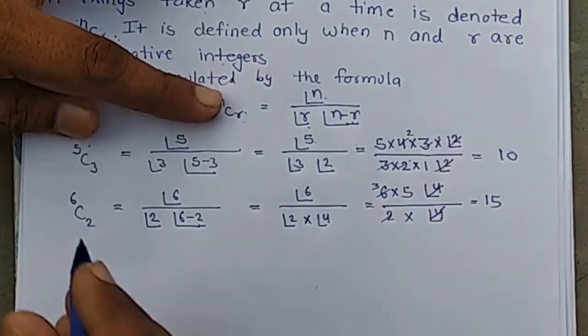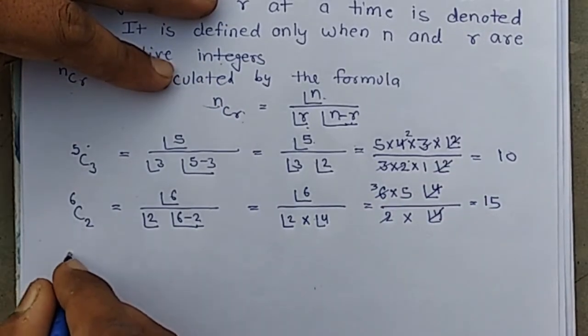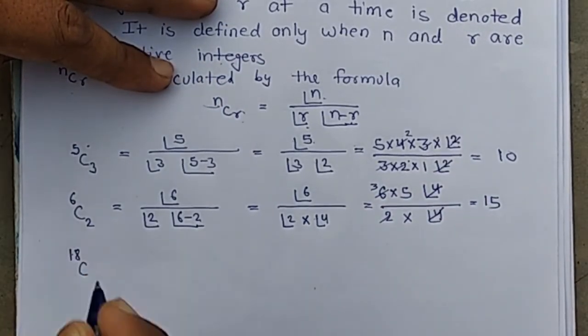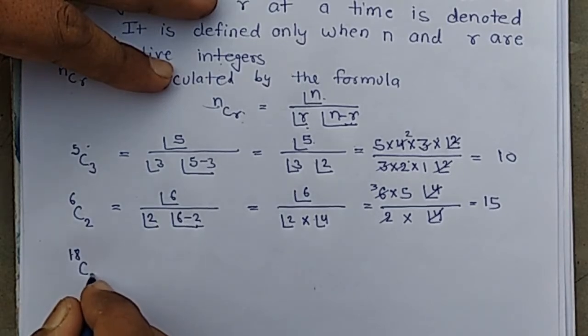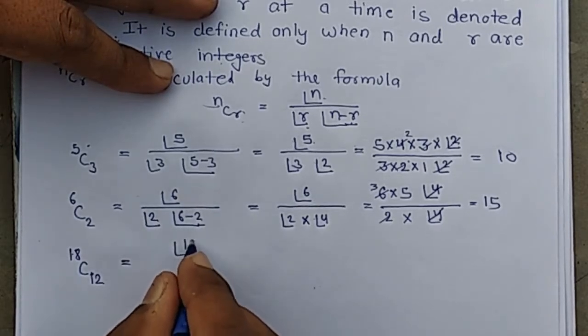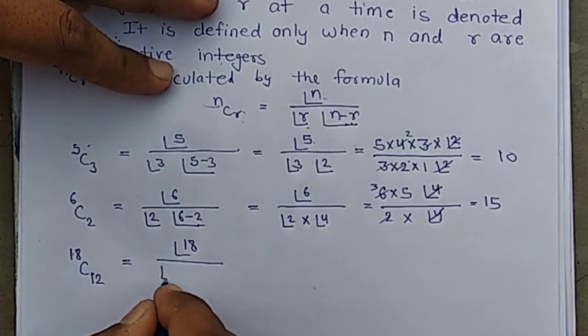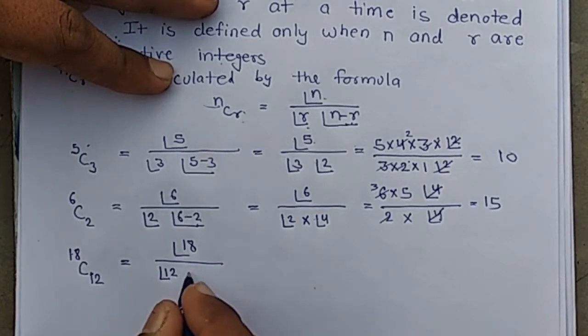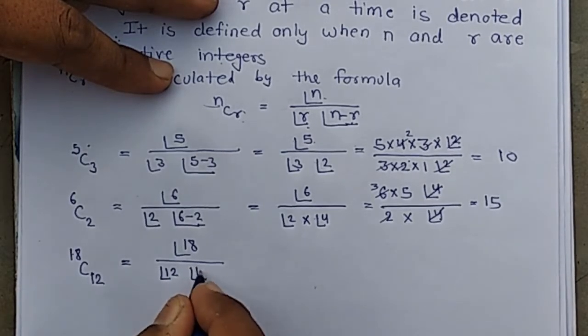The value of 18C12 equals factorial 18 by factorial 12 into factorial 18 minus 12.